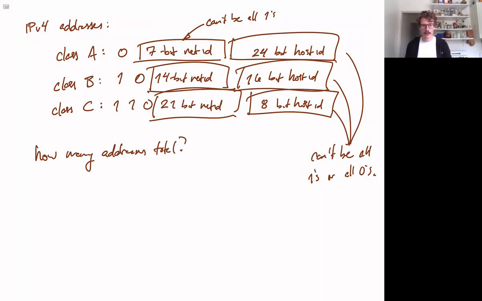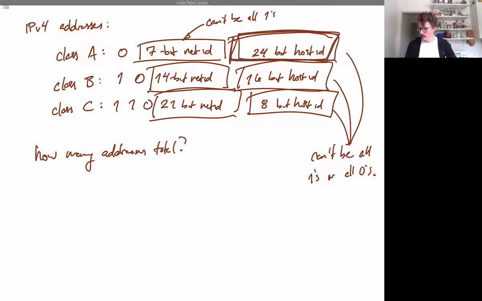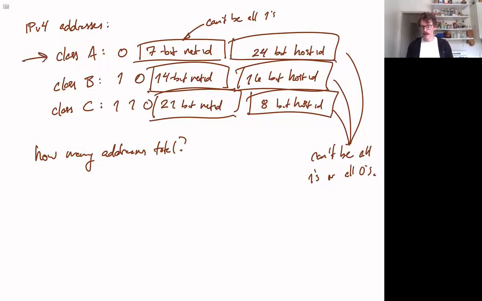All right, so let me sneak in one more comment for context. Class A is blocks of addresses that you give to big organizations. And what that essentially means is you can see that the net ID, which identifies the network, there are relatively fewer of these than in class B or class C. But this part, the host ID, which is things inside the network, is much bigger than class B or class C. So class A is sort of fewer big networks.